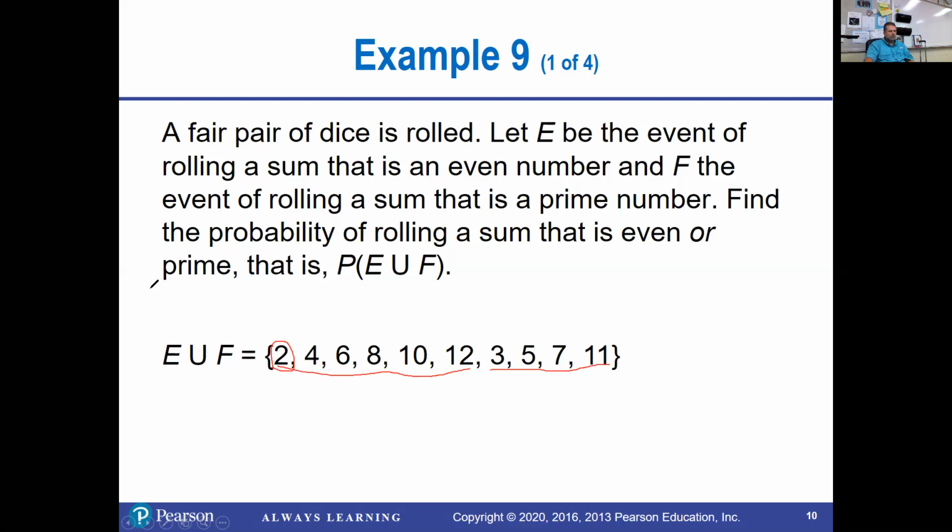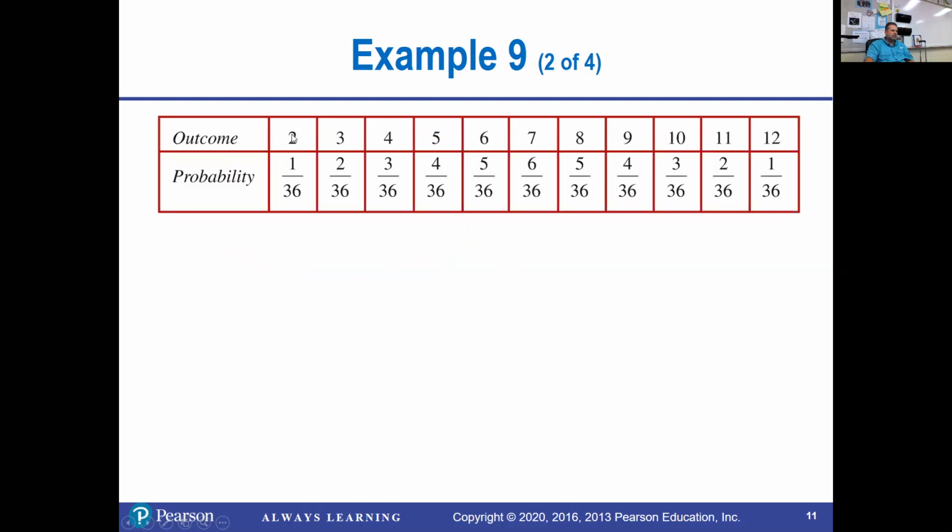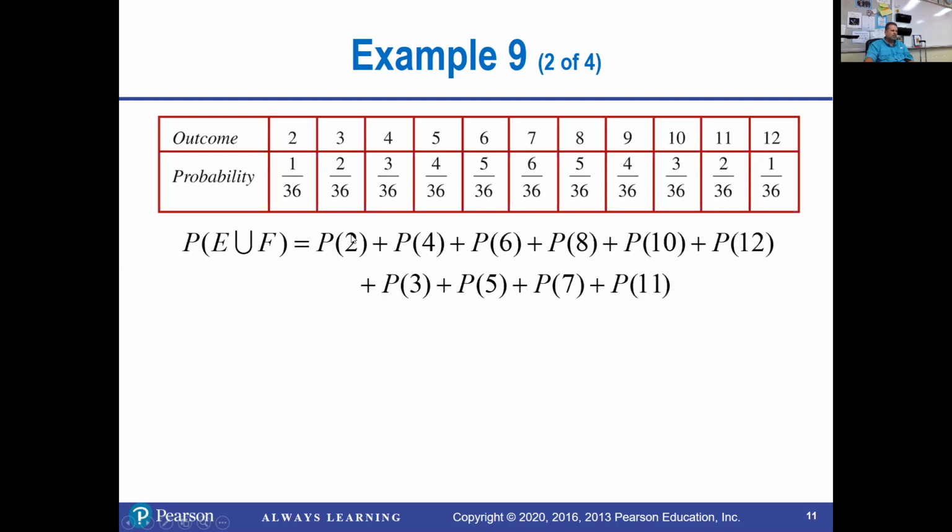So we're going to find the probability of rolling a sum that is even or prime. Let's look at that. So we have that number. So even, prime, even, prime, even, prime, even, not prime. We're going to pull these out, the probability of a 2, the 4, the 6, the 8, the 10, the 12.